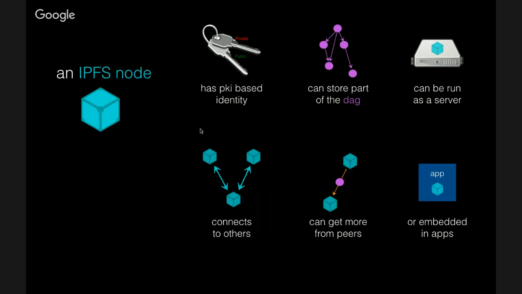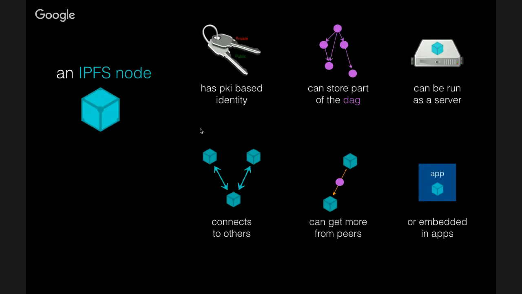These nodes connect to each other and find each other through a series of discovery protocols, and then they store and distribute part of this huge DAG of content. It's a really large graph of content, all of which is linked usually through Merkle links that are immutable, but sometimes you have mutable links in there, and you move around those pieces of content. That is what IPFS is for.